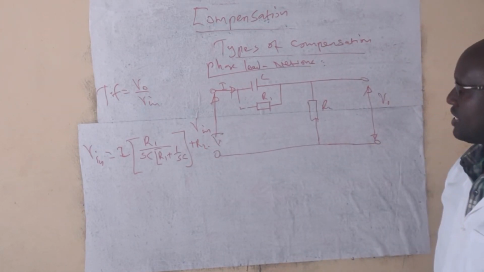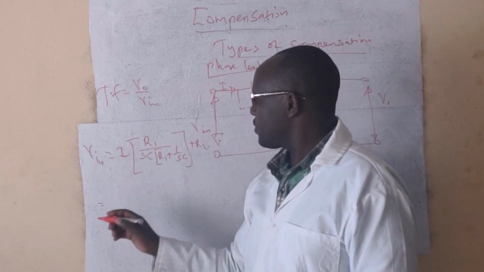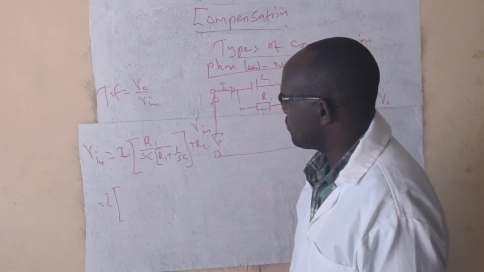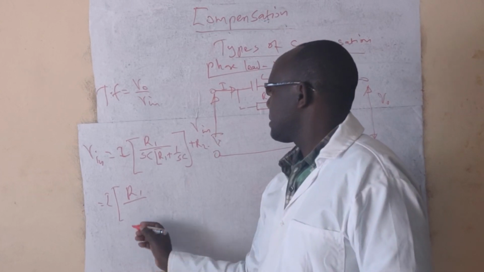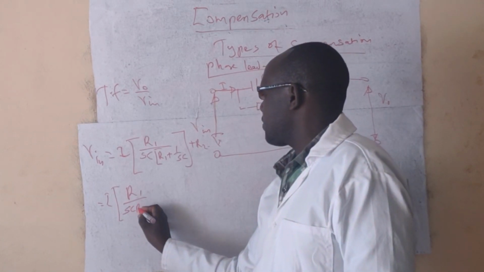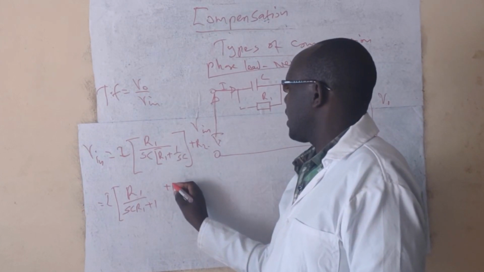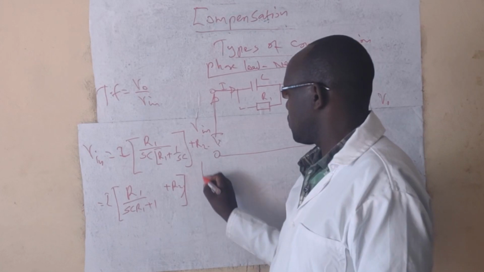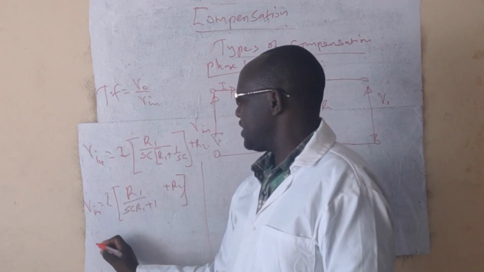Further simplifications, we're going to get R1 all over SCR1 plus 1, plus R2. Now this represents V in.